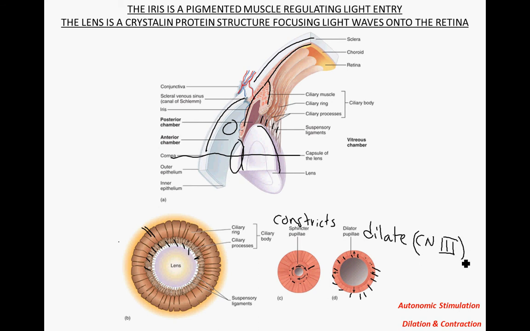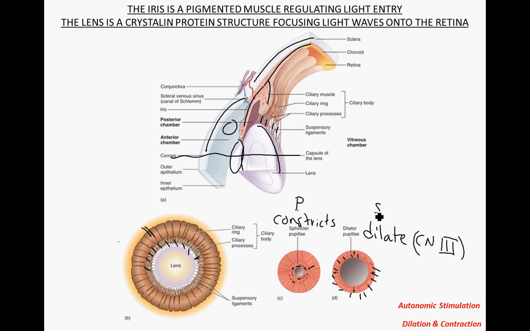Well, what's causing this dilation or constriction is, of course, cranial nerve number 3, which is oculomotor. But now remember that oculomotor has parasympathetic and sympathetic stimulation to it. So which one would cause constriction? Which one would cause dilation? If you said parasympathetic causes constriction and sympathetic causes dilation, you are correct.